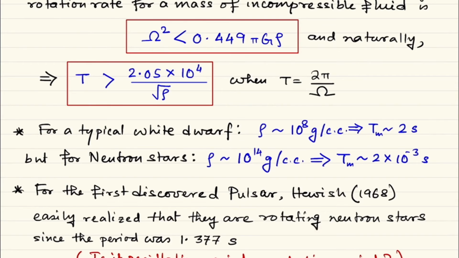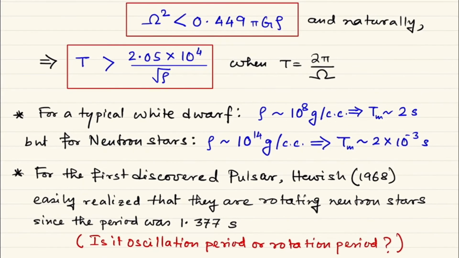One question that can come to your mind at this point is that we have already talked about stellar oscillations, and for that pulsation was also observed. So why for pulsars was the pulsation assigned not to the oscillation of the stellar object, but to the rotation?